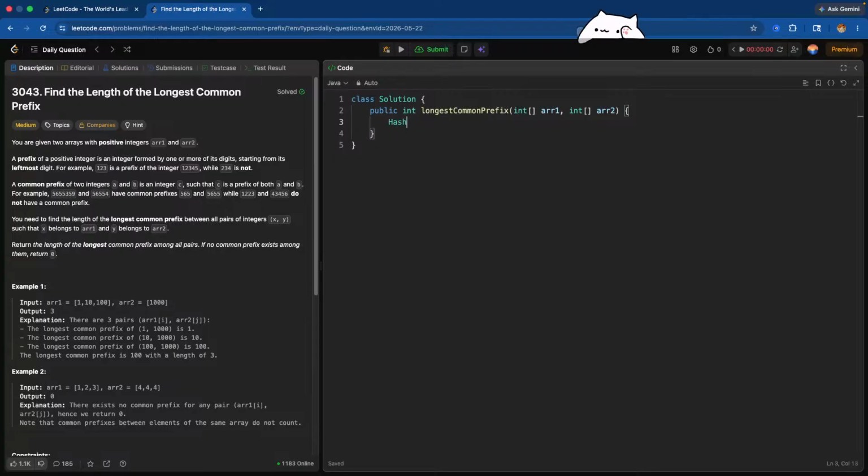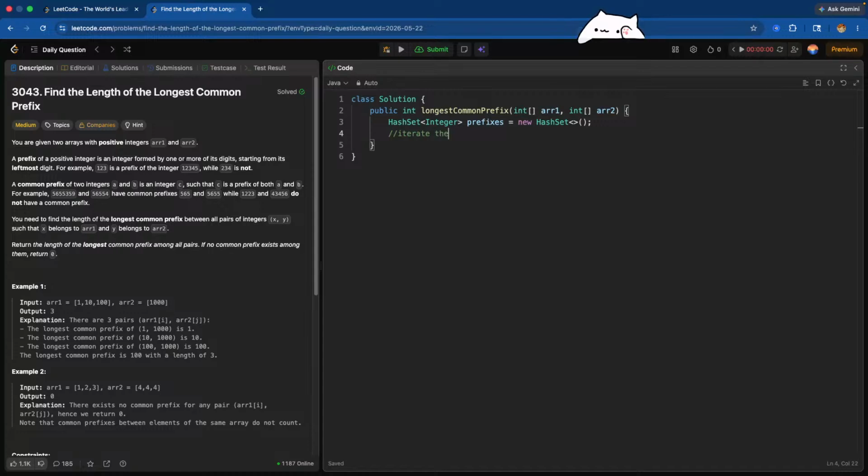We need to have a set of integers, and we don't need int nm.